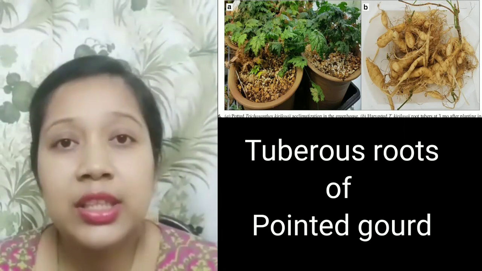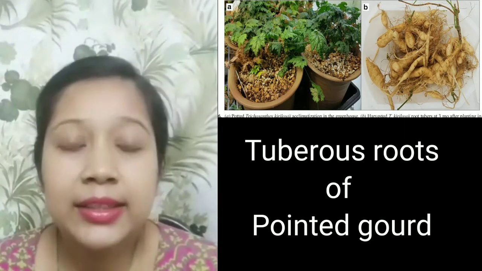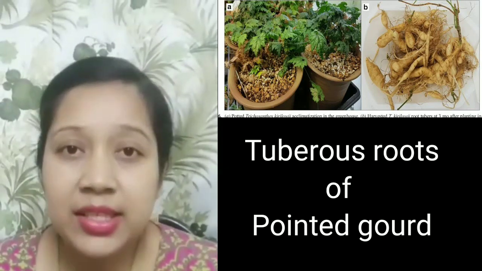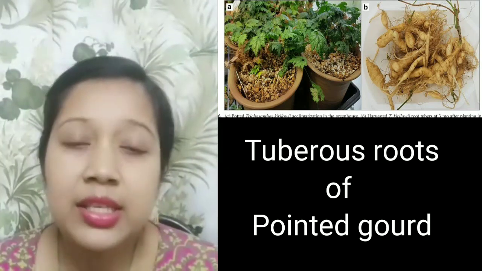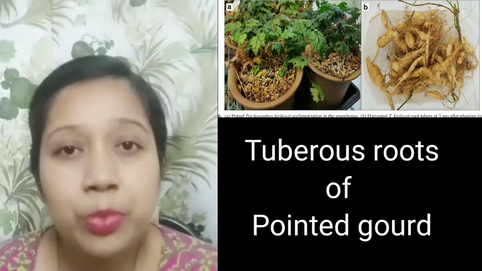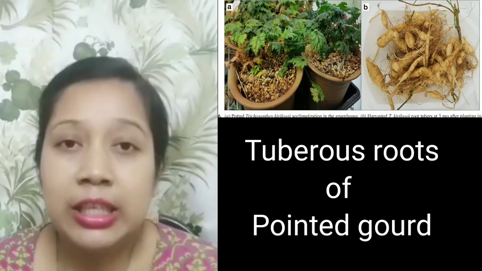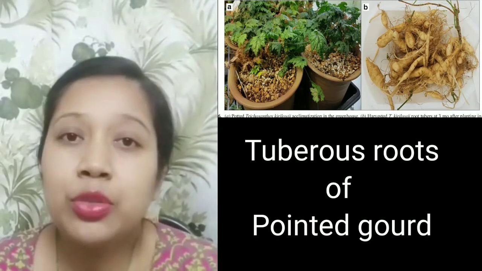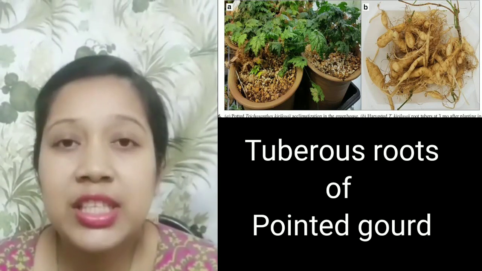In Assamese we call it potol, and its scientific name is Trichosanthes. In English it is called the pointed gourd, and in Assamese it is called potol. So in that particular plant, the roots are tuberous in nature.